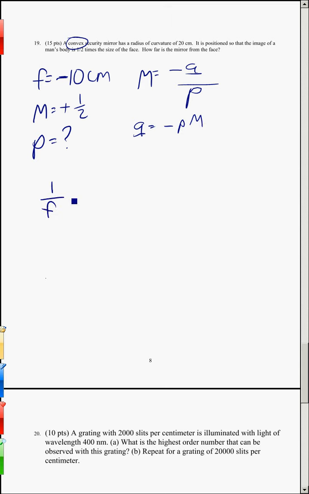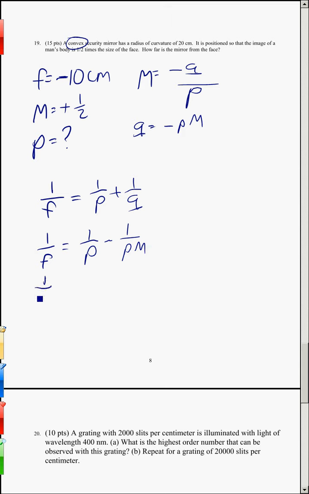Then I can take my mirror equation, 1 over F equals 1 over P plus 1 over Q, and substitute that in for Q. So I have 1 over F equals 1 over P minus 1 over PM. There are a variety of ways you could do this.